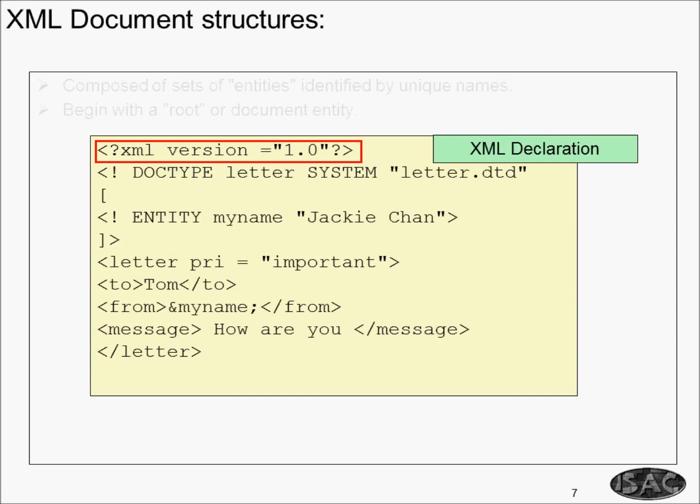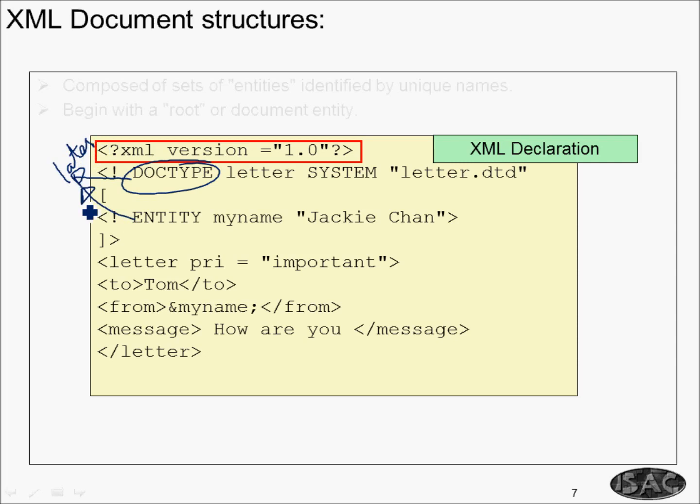The first line of any XML document will be the XML declaration: question mark XML and version 1.0. Then you can declare a doc type. It is not a must, but you could have it. And again, you can have entities, not a must, but you can. What are doc type and entity? We'll discuss both a little later. For now, assume those are two elements you can put in an XML file.